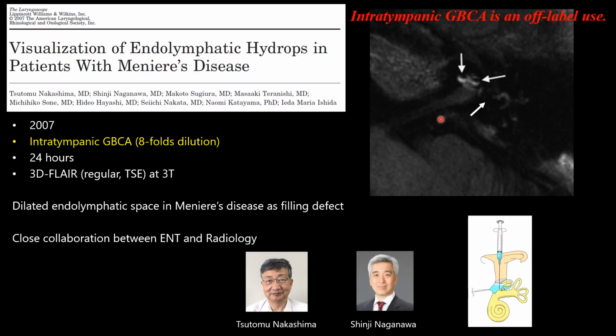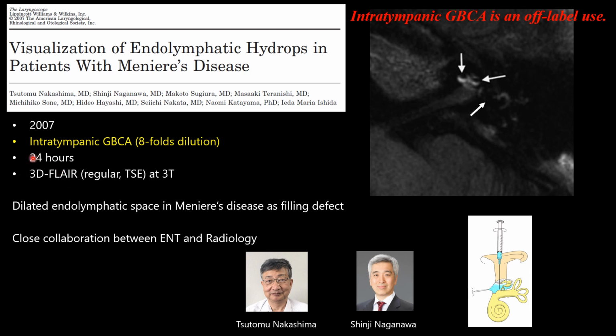Therefore, we utilize the intratympanic injection of GBCA. Of course, this is slightly invasive and off-label use of GBCA, but we could show for the first time in history the dilated endolymphatic space in Meniere's disease patient as a filling defect.